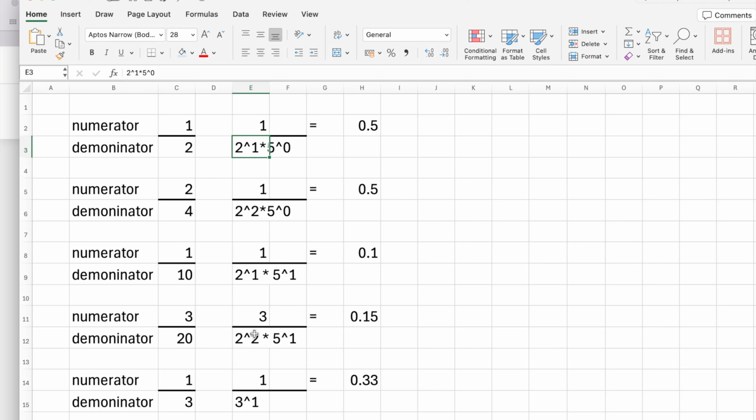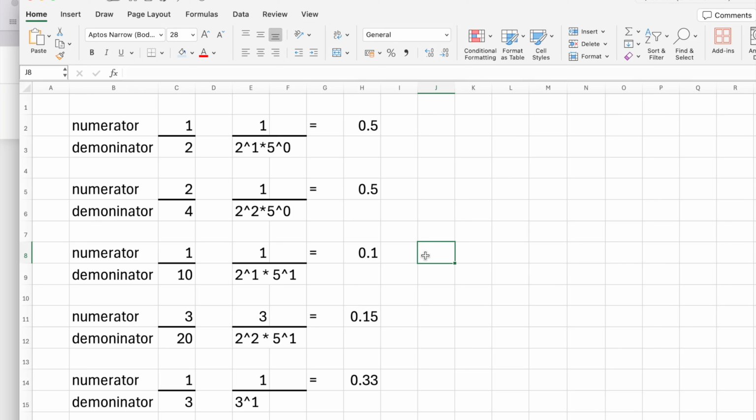Any number where the denominator, like 20 here, 2 here, 4 here, 10 here, or 3 here, and the numerator is the part above this thick line, 1, 2, 1 here, 3 here. You can write perfect decimal forms in the decimal numbering system only where the denominator is a multiple of 2 and 5. No other number can be written.